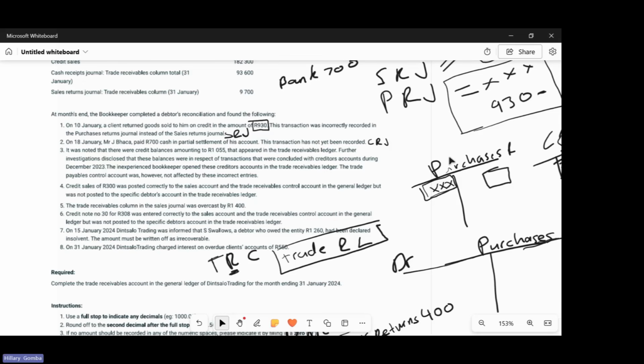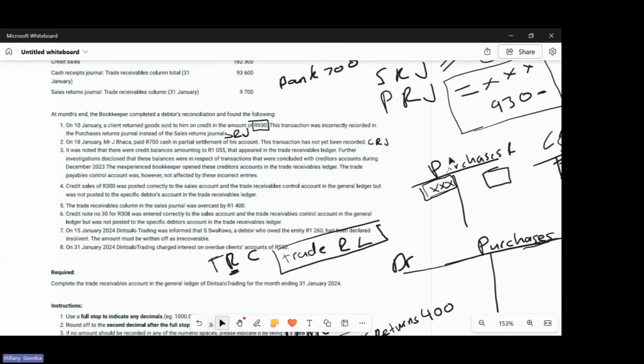Yes, because mostly that's where they end. They won't really try to confuse you or make it complicated. Mostly they'll tell you it was omitted on the trade receivables ledger or it was recorded at an incorrect amount, but they'll also tell you that your trade receivables control account is correct, there's nothing affected.